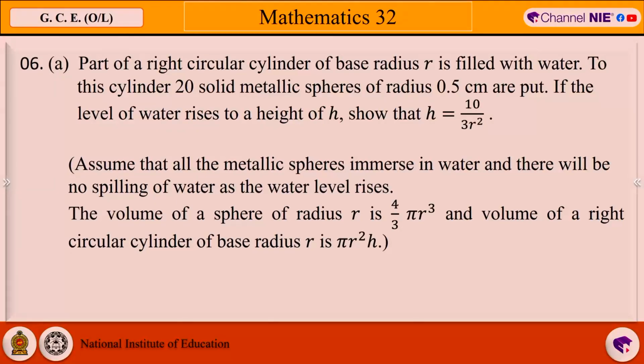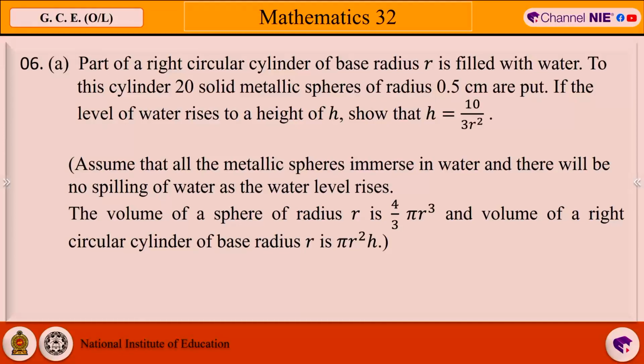And you are given to assume that all the metallic spheres immerse in water and there will be no spilling of water as the water level rises. Further, you are given the volume of a sphere of radius r is 4 over 3 times π r cube and volume of a right circular cylinder of base radius r is π r squared h.